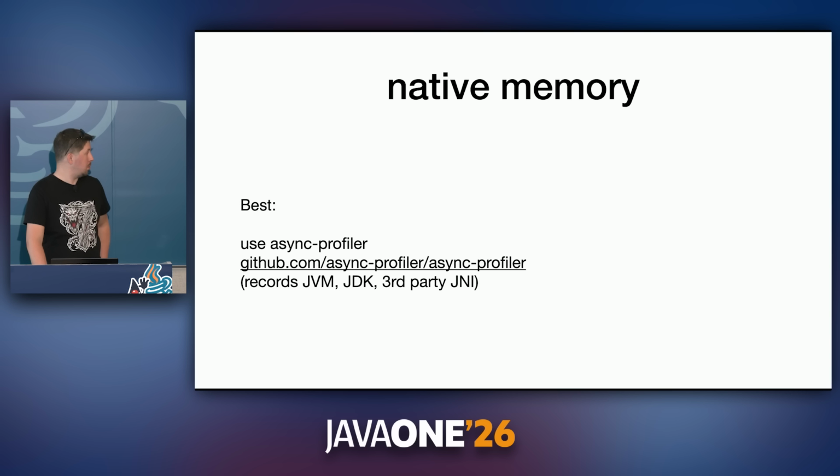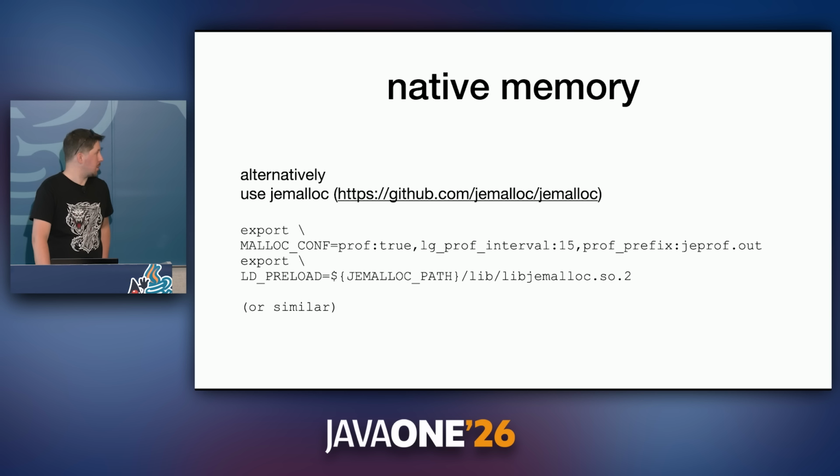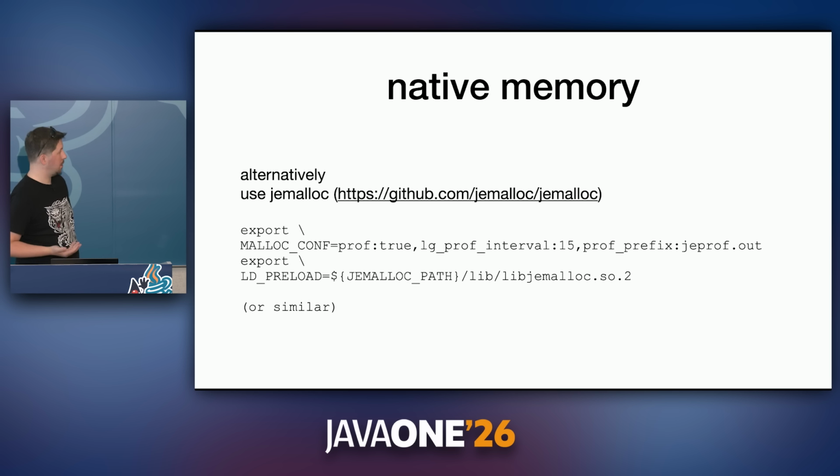What else can you do? Ideally, use Async Profiler. Great tool, open source and free, and this will give you an insight into everything. Or you can, for example, use a custom allocator like jemalloc and ask it to generate some log information, and then it will give you a way to find the problem with native memory if that's what you use.